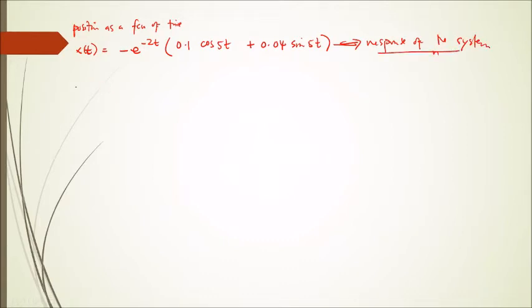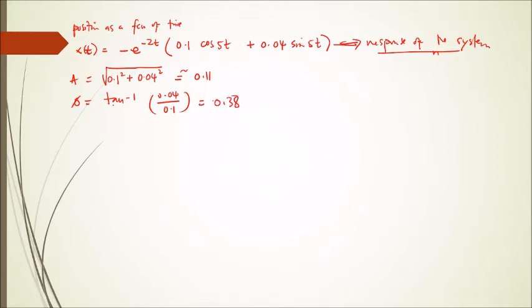Okay, what is the amplitude? A is equal to the square root of 0.1 squared plus 0.04 squared, which is equal to 0.11. Then our phase is equal to tangent inverse of 0.04 over 0.1, which is equal to angle 0.38. So another form sa itong x of t is equal to negative 0.11 times e to the negative 2t.